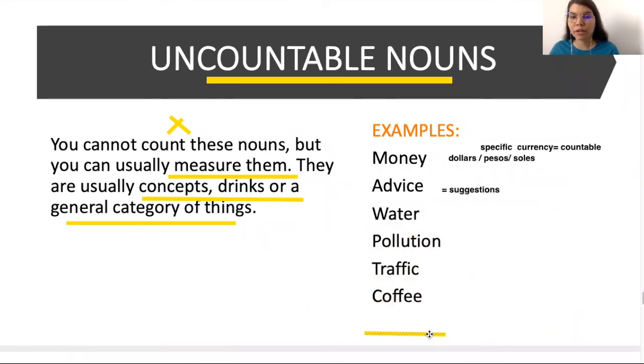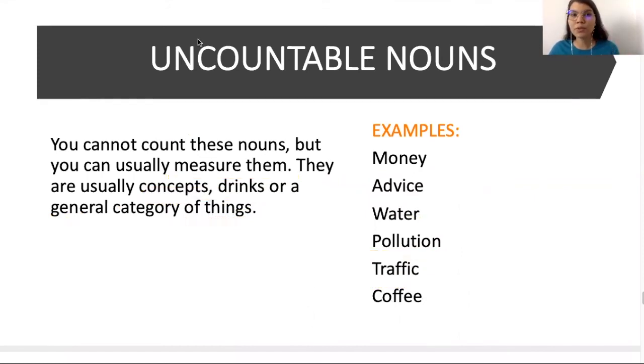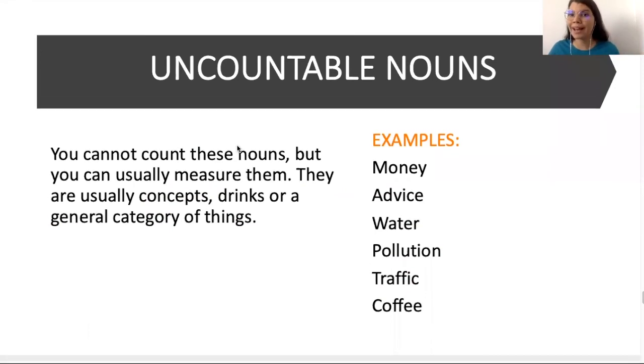These two, water and coffee, are drinks, and the rest are general category of things or concepts. These are examples of non-countable nouns. They are uncountable. So we use how much when we ask a question about quantity. How much money, how much advice, how much water, how much pollution, how much traffic, how much coffee.